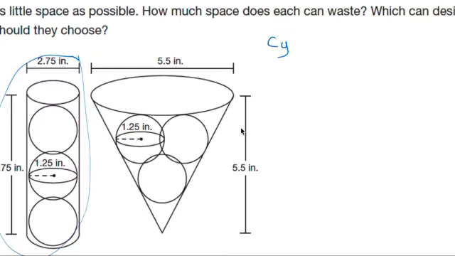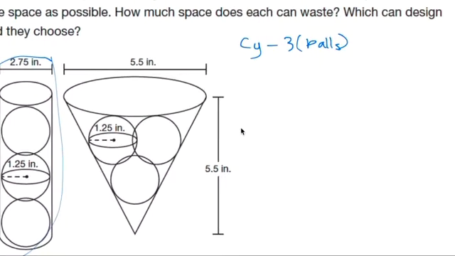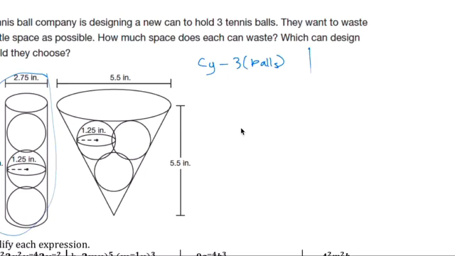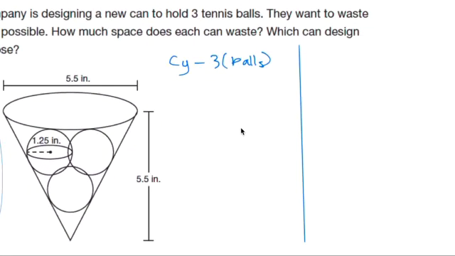Anyways, minus the 3 balls. All right, and then compare that to the other one, which is the cone minus the same 3 balls. So once you get the answer to this one, you can just put it here. And then you'll know the answer.